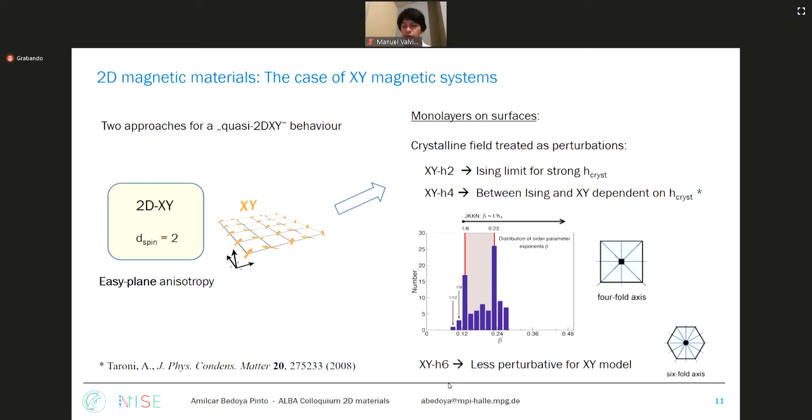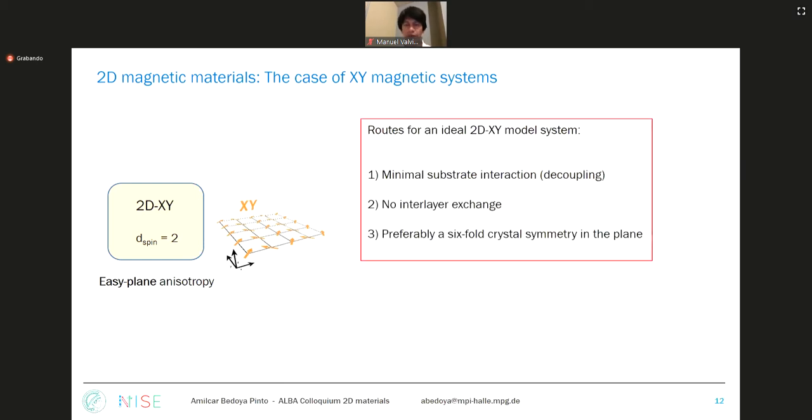And interestingly, of all these symmetries, the sixfold symmetry, which is the hexagonal symmetry, will be the least perturbative for an ideal XY model. That's also interesting to know, because what we actually want is to see if we can get an ideal 2D XY system.